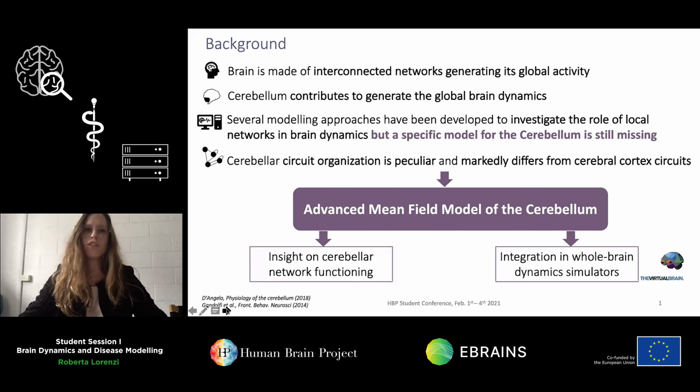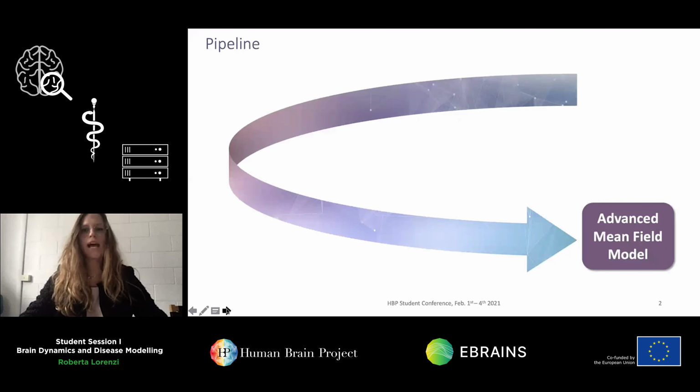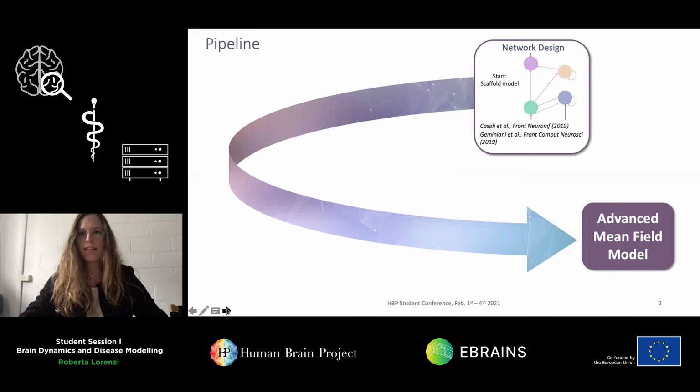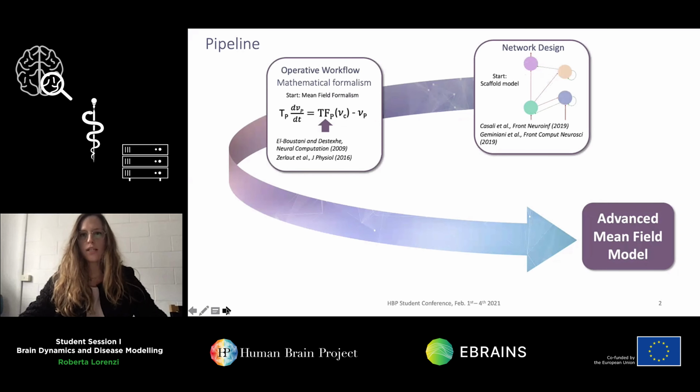simulators that already exist. I will show you our pipeline, which starts with the network design from a scaffold model. This network is our generative model for the mean field formalism that we used to model the cerebellum activity.